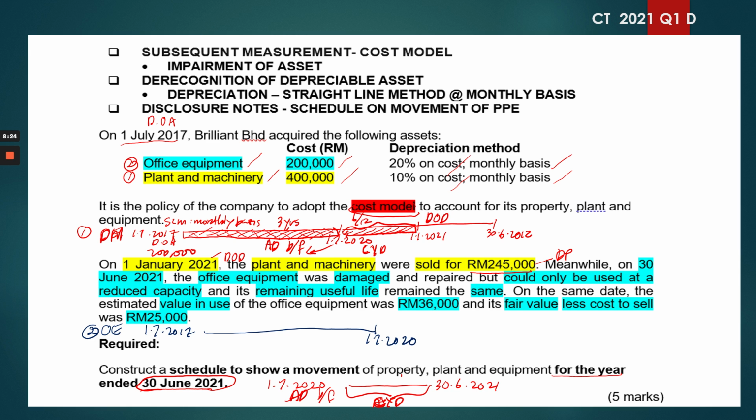And if you read the question, on 30th of June, office equipment was damaged. 30th June is somewhere here. 30th of June 2021. So there was an indicator of impairment, damage, but it could only be used at a reduced capacity. However, the remaining useful life still remains the same.